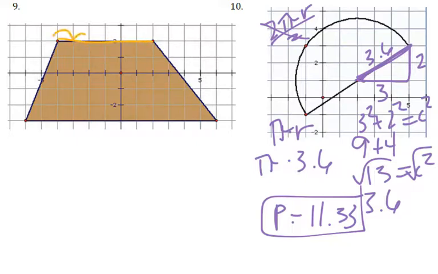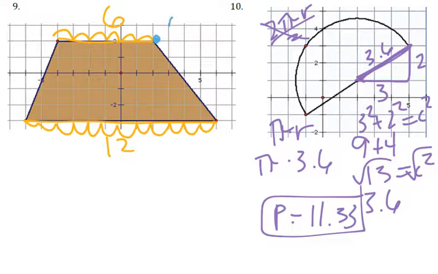Okay, number 9, we've got some horizontal lines. Those are easy to count. 1, 2, 3, 4, 5, 6. 1, 2, 3, 4, 5, 6, 7, 8, 9, 10, 11, 12. Now we could use the Pythagorean Theorem, or let's use the distance formula again. So that would be 2, 2. That would be 6, negative 3.